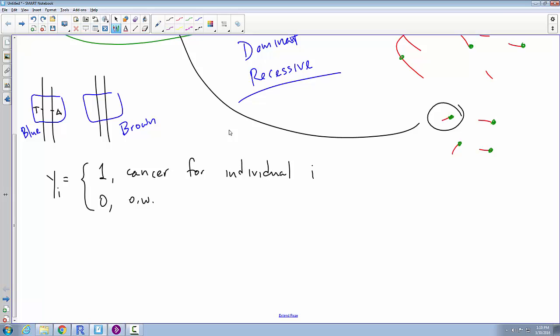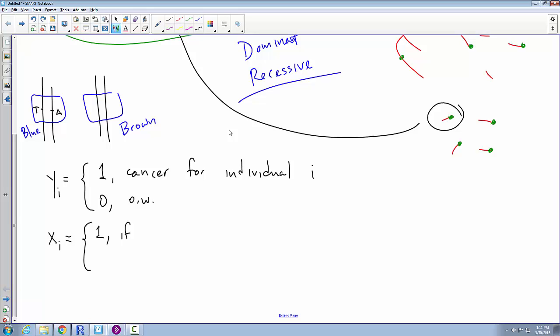And for, let's say, the SNP that we were looking at up above, let's say xi, my covariate, is equal to, let's say, 1 if the allele corresponds to, let's say, phenotype, let's do it this way. Let's say there's only 2 alleles.